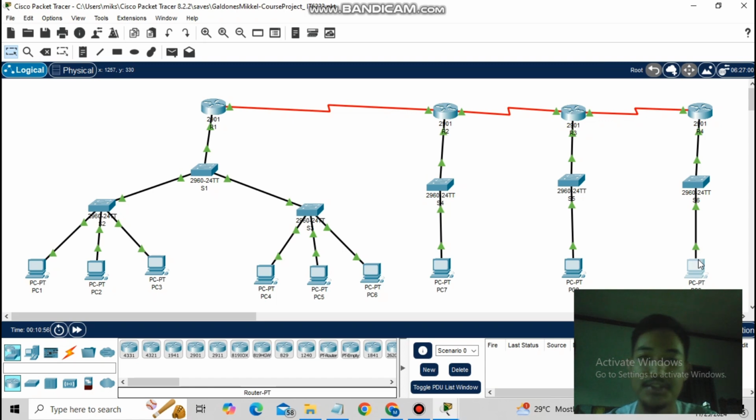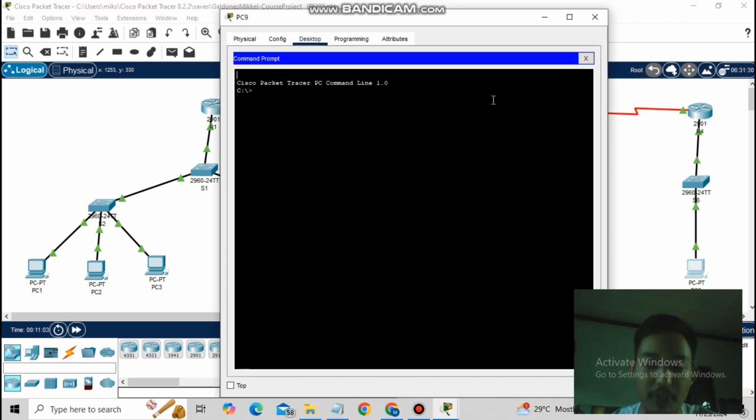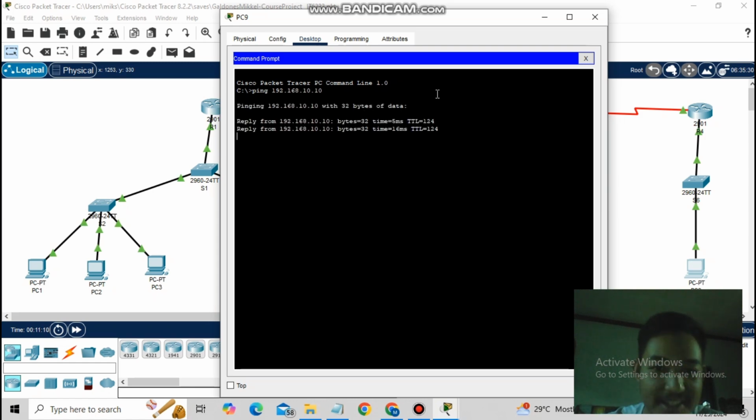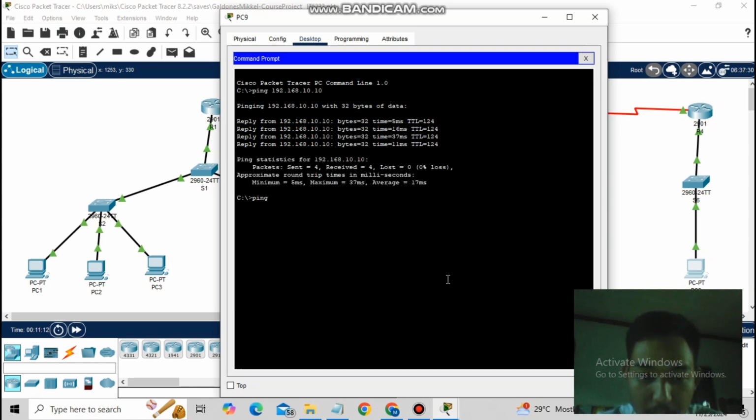And now let us try to do this for PC9 to see if our network topology is indeed well configured. Let us head over to the command prompt and ping PC1's IP address. And it is an immediate success. We received the reply immediately and no packet was dropped.